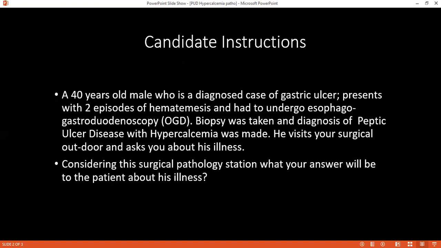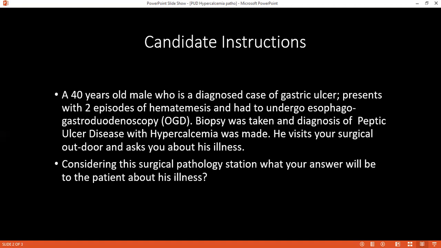It signifies that there is possibly hyperparathyroidism from parathyroid adenoma. Another thing that can cause hypercalcemia in this patient is malignancy. He could be having a malignant ulcer. Excess ingestion of calcium can also give hypercalcemia.